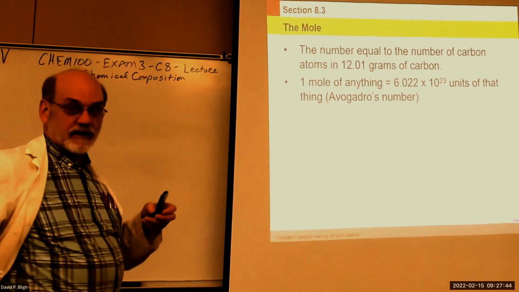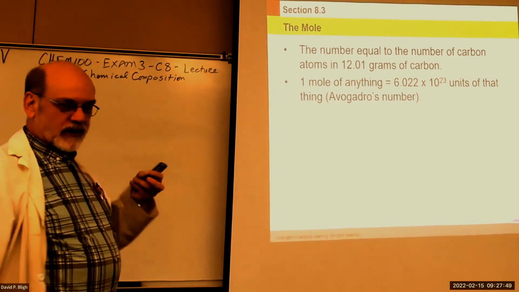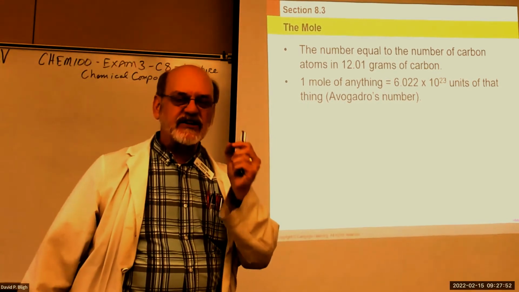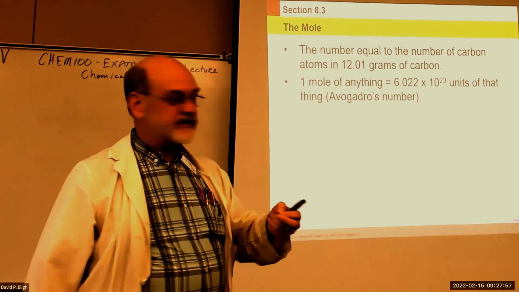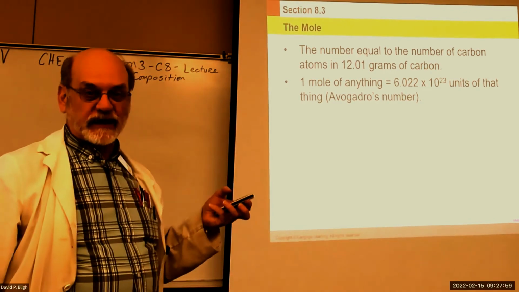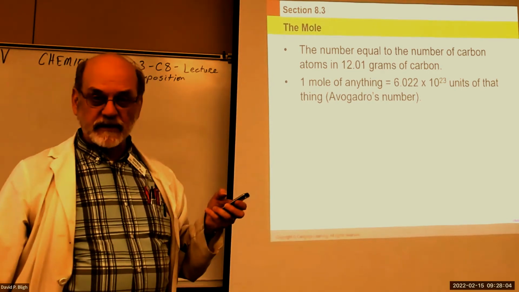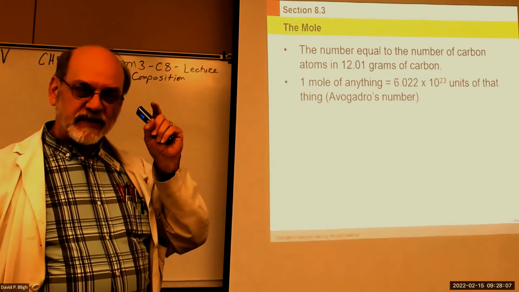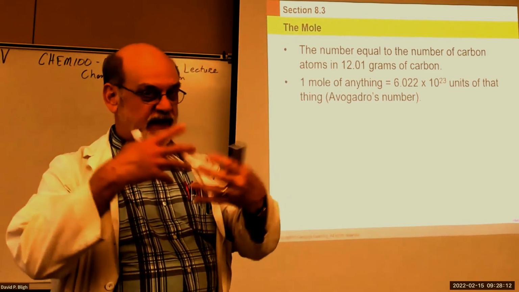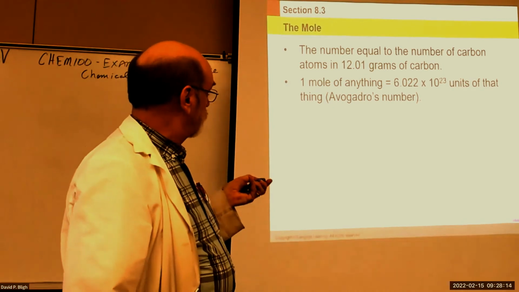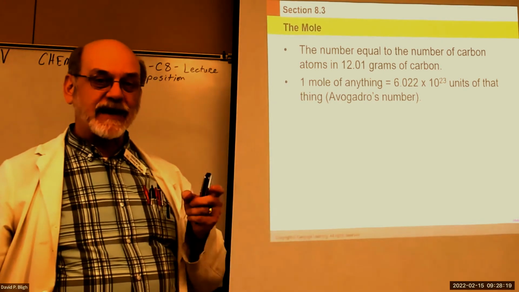Okay, bear with me. The relationship, the definition, the foundation for the mole is based upon this standard, carbon. We know that 12.01 grams of naturally occurring carbon, with its mix of isotopes, will be equal to 6.022 times 10 to the 23rd atoms.